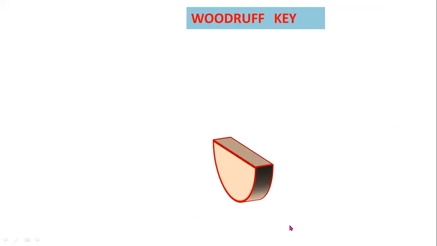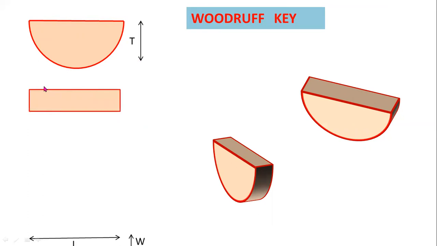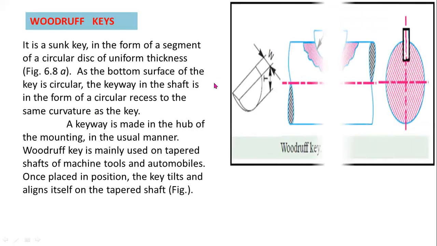Now this one is a Woodruff key. This is the isometric view of a Woodruff key. This is the front view of a key, and this one is the depth of key, and this one is the width of the key. Woodruff key is a sunk key in the form of a segment of a circular disc of uniform thickness, as shown in figure.